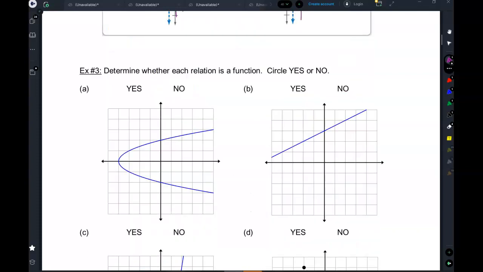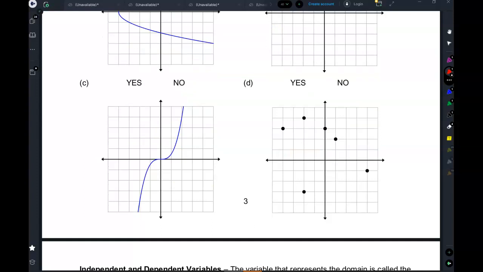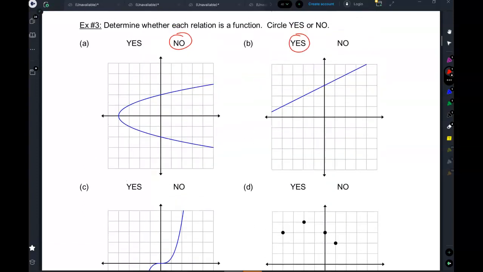All right? So take a look at this one here. The first one, is it a function? No. What about the second one? Yes. Here? Sorry, if you do a vertical line, it crosses more than once, so no. Here, each vertical line crosses the graph only once, so yes.